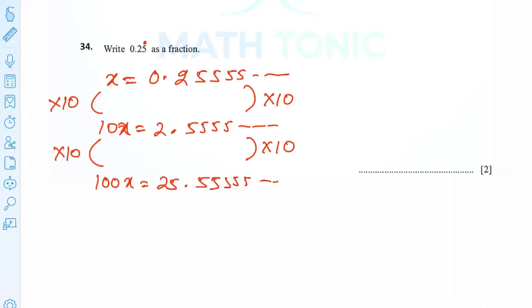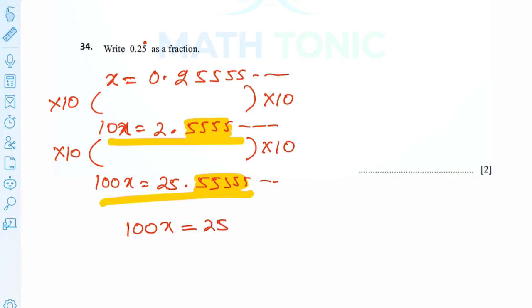Now if you see, in these equations you have the same decimal, so you can cancel this out by subtracting. So I will try to do it this way. 100x equals 25.5555 like this, and 10x equals 2.5555 like this.